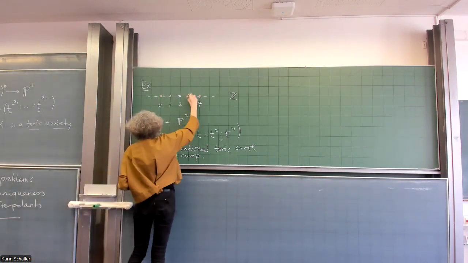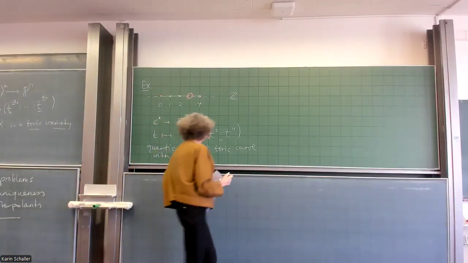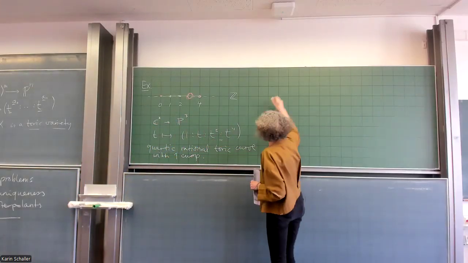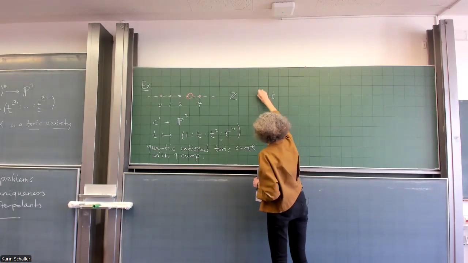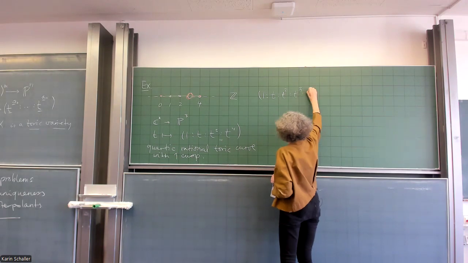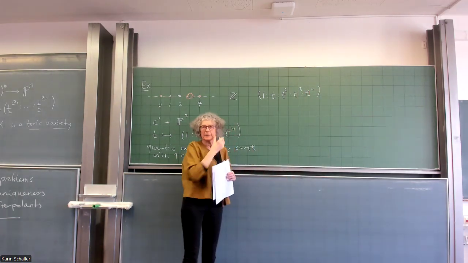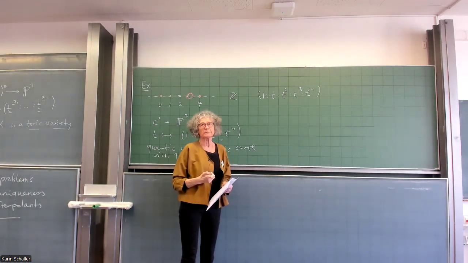You'll also get this point. And that will give you a different map. You will add it, and this you will recognize is the rational normal quartic curve.